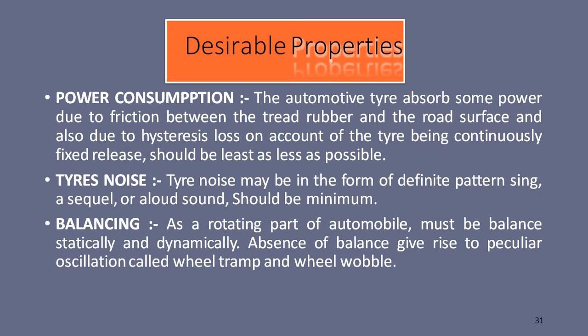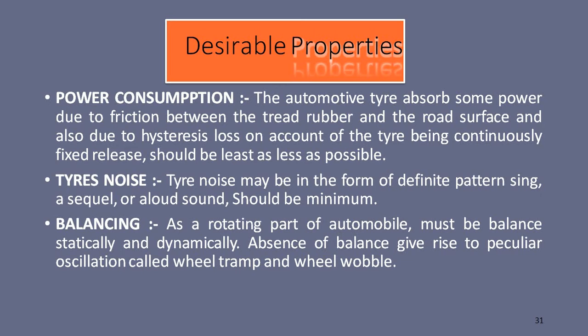Also, power consumption: the automotive tire absorbs some power due to friction between the tread rubber and the road surface, and also due to hysteresis losses on account of the tire being continuously flexed and released; this should be as little as possible.